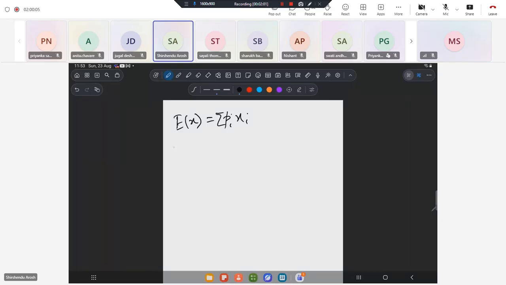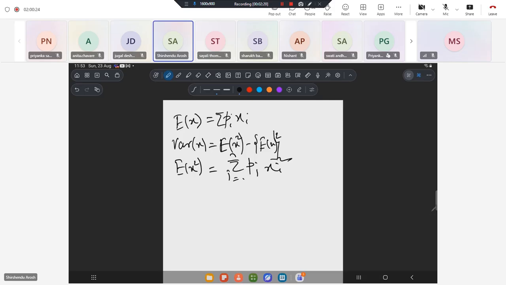And the variance formula would be the same, E of x square minus E of x whole square, where E of x square is summation pi into xi square, right? So this xi square and xi was there.